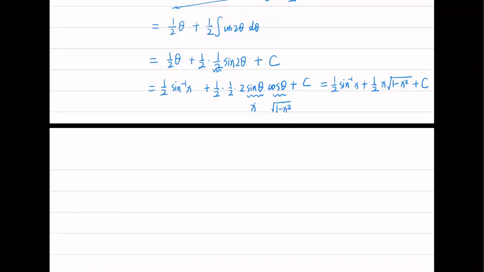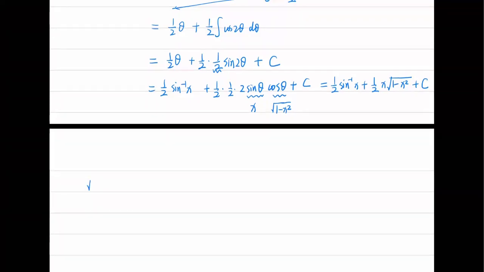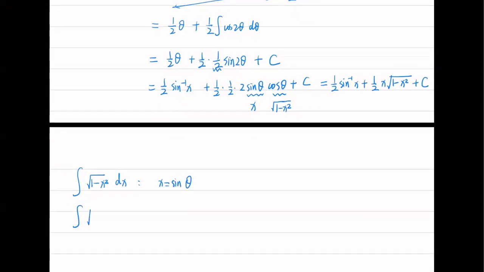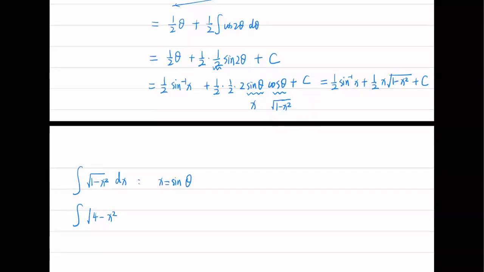If we have sine, we use a substitution. Now if we have 4x squared, what substitution should we pick? Similar, but need some modification.